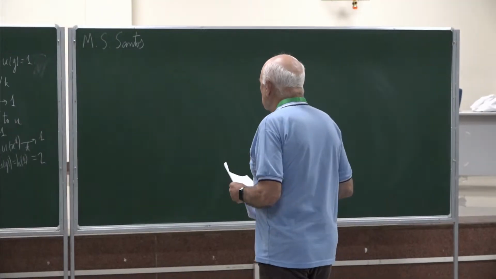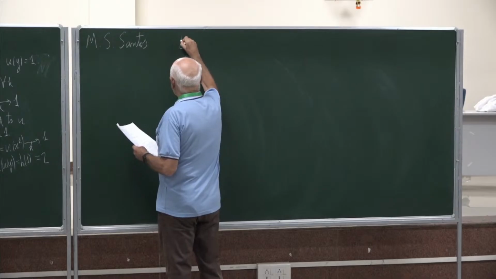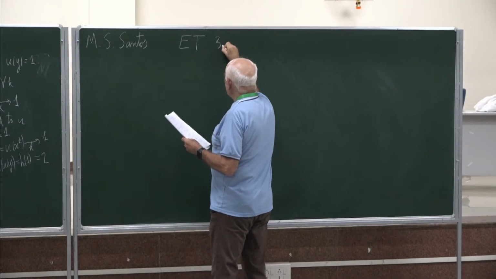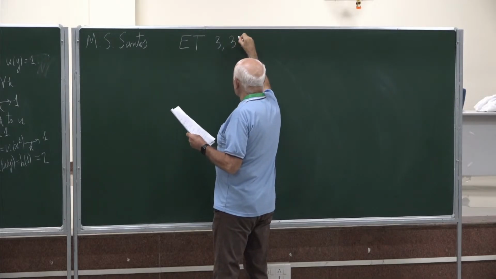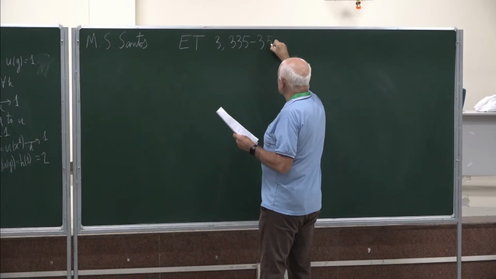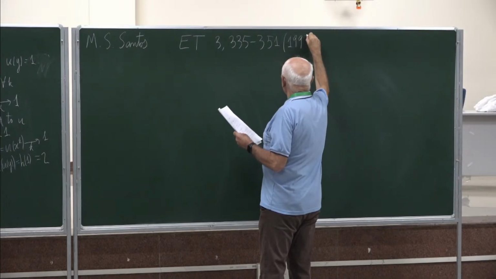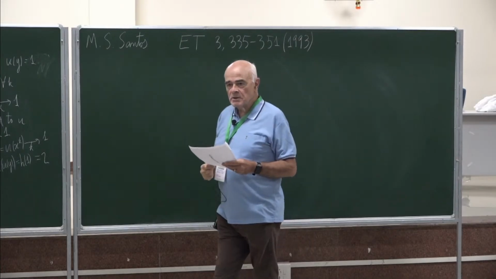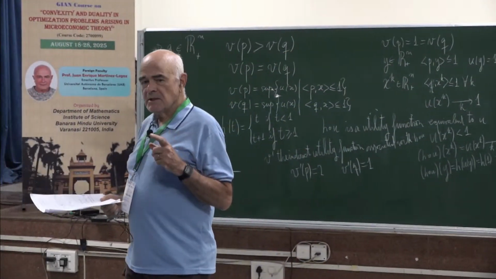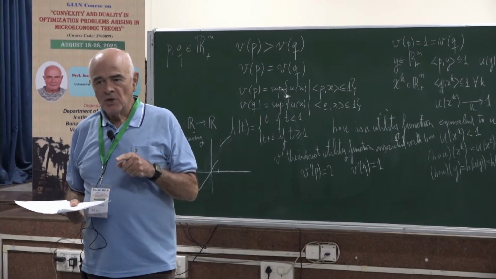Well, then, with him, we wrote a paper in the journal Economic Theory, volume 3, pages 335 to 351, and the publication year was 1993. Notice that I have said in the journal Economic Theory. I have not said in the Journal of Economic Theory.